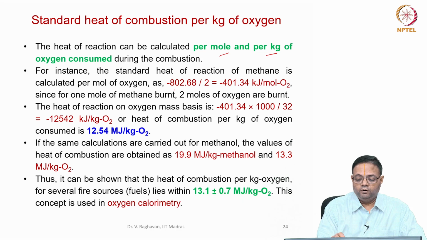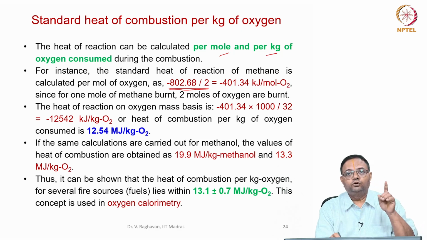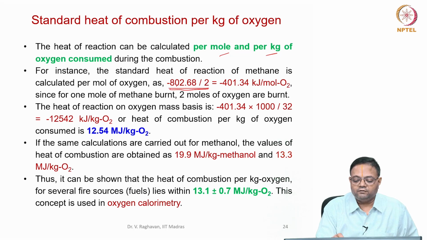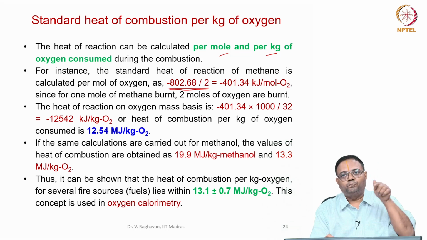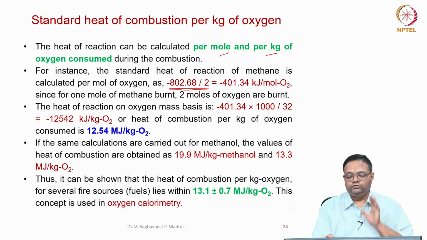So, I can say minus 802.68 kilojoule per mole of methane can be written as minus 802.68 divided by 2 kilojoules per mole of oxygen.